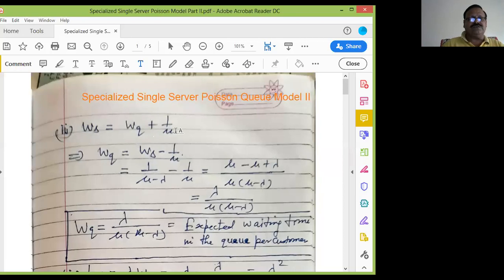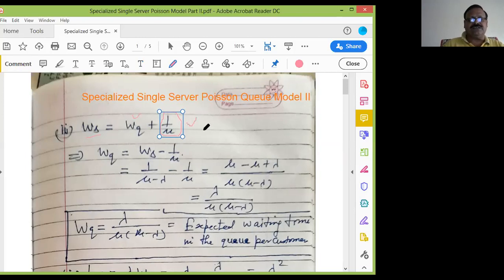1 upon mu is what? This is the service time of a single server. So this is the waiting time. Total time in the system, that is Ws, means this is the waiting time and this is the service time.